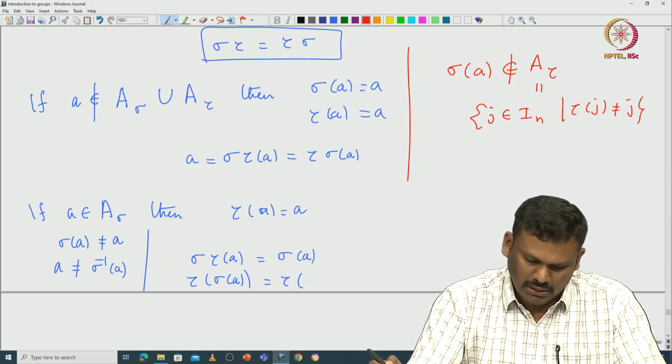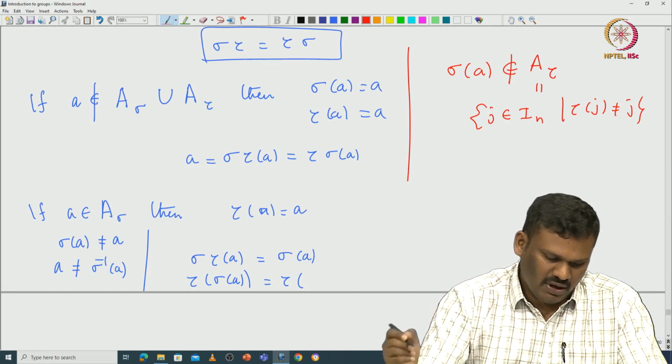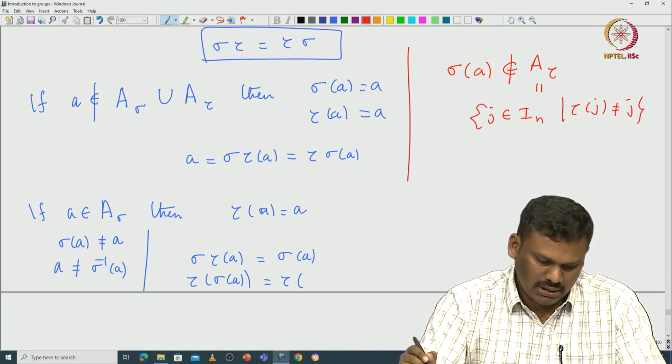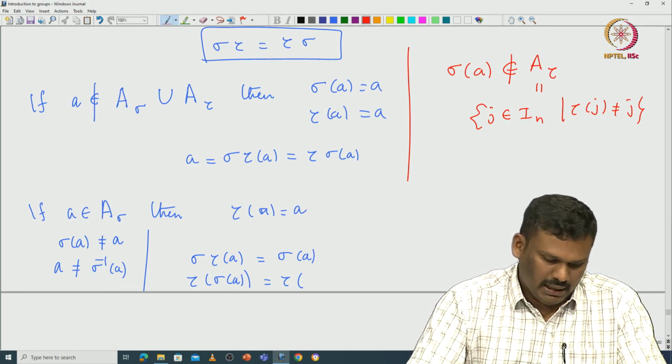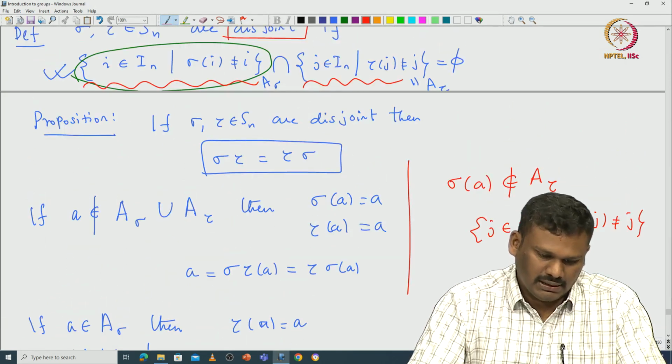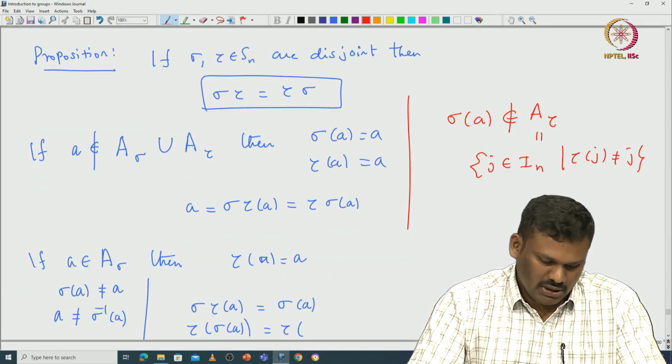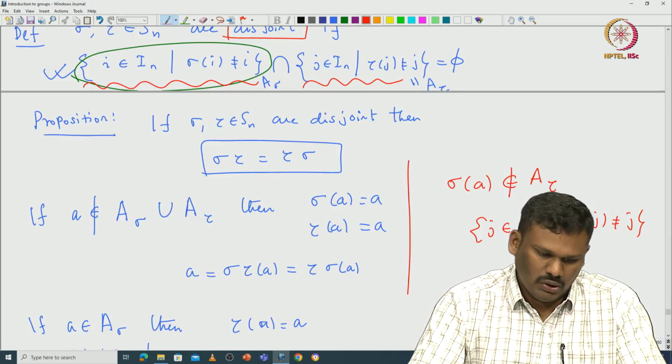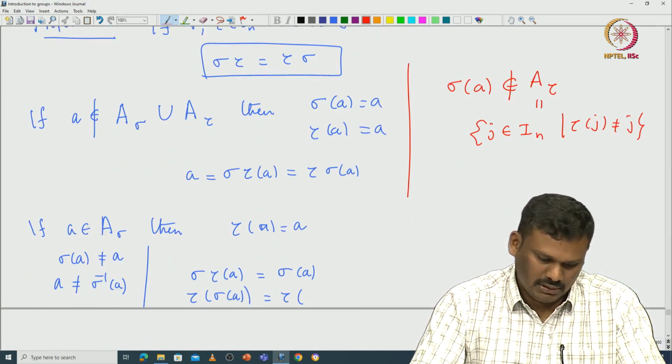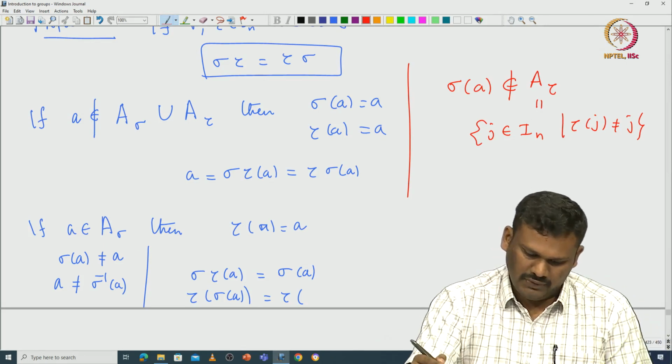Okay. So, since sigma of A is not equal to A, sigma of A is going to be either fixed or not fixed by tau. Okay.